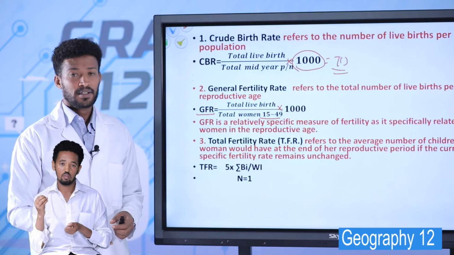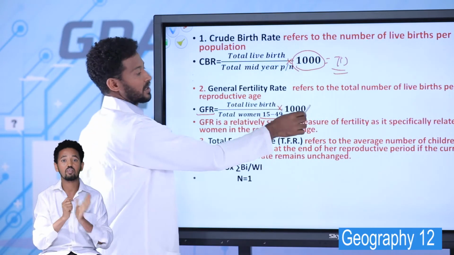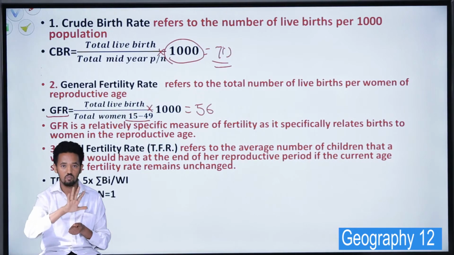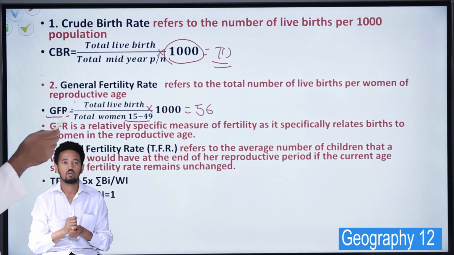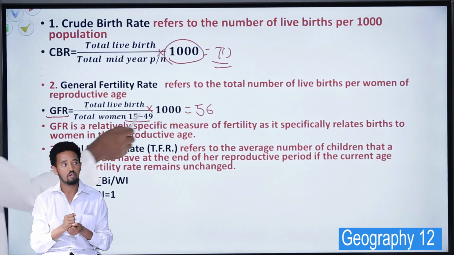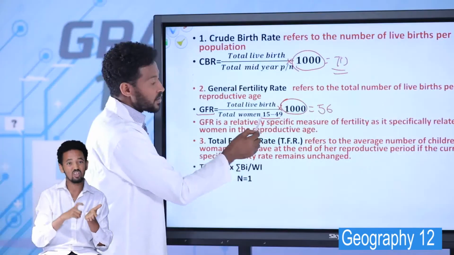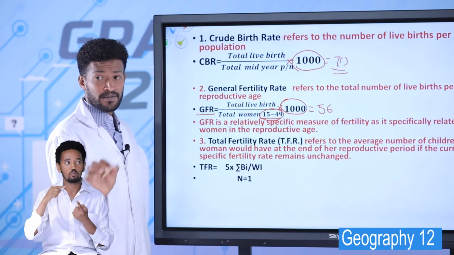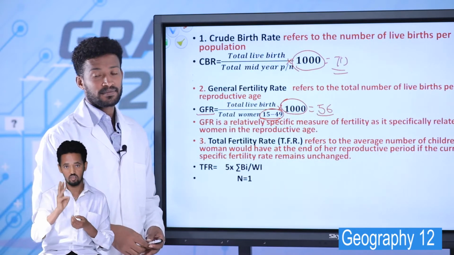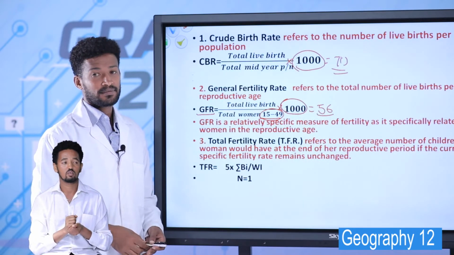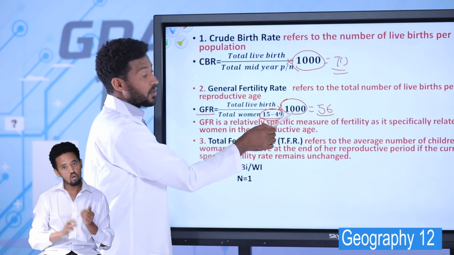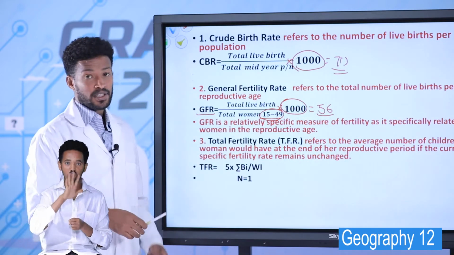Then, if you take an example, you get 56. 56 implies that from 1000 women within the age of 15 to 49 in a given time, 56 births occurred. In short, 56 is the number of children that will be born from 1000 women within the age of 15 to 49.